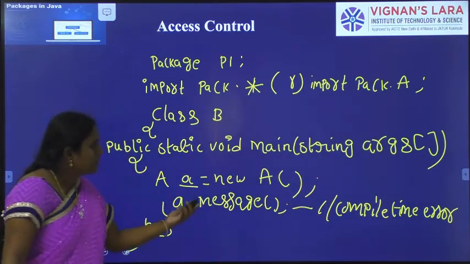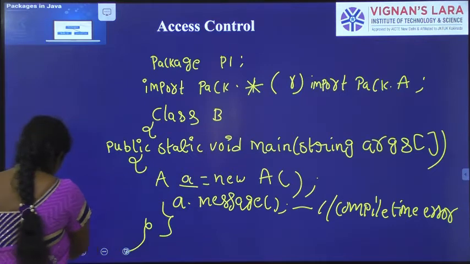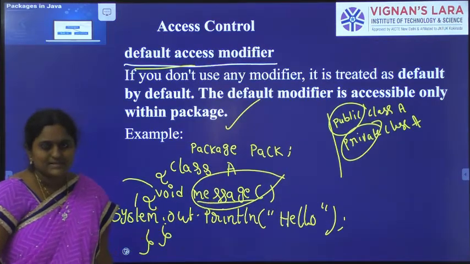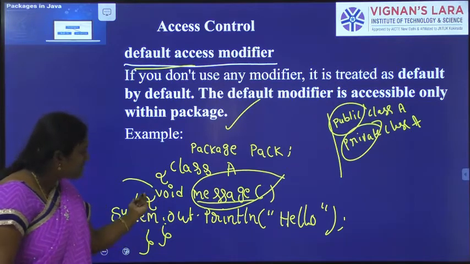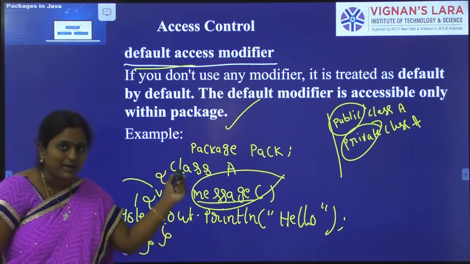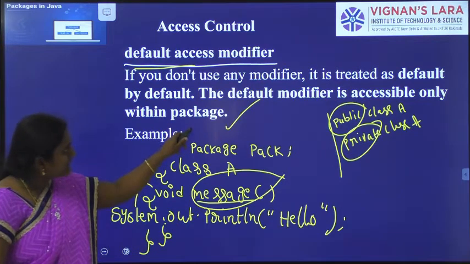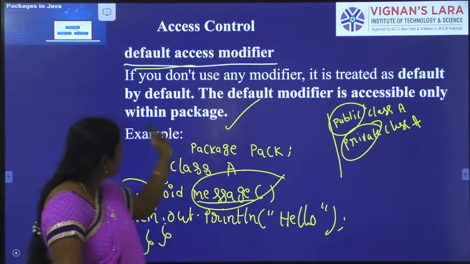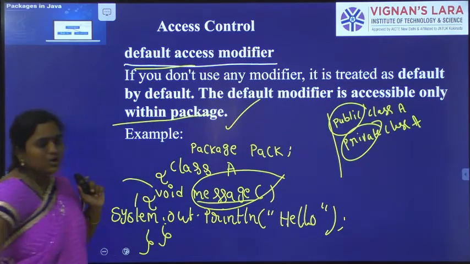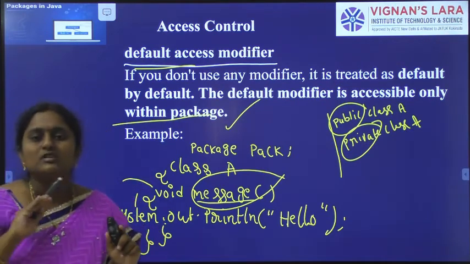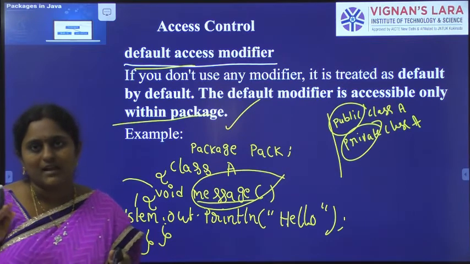Because in the A class, message is the method. We didn't specify any access specifier. By default it will be treated as the default access specifier. The default modifier is accessible only within the package. Within the class only we can access it. Outside the class, outside the package we can't access it.